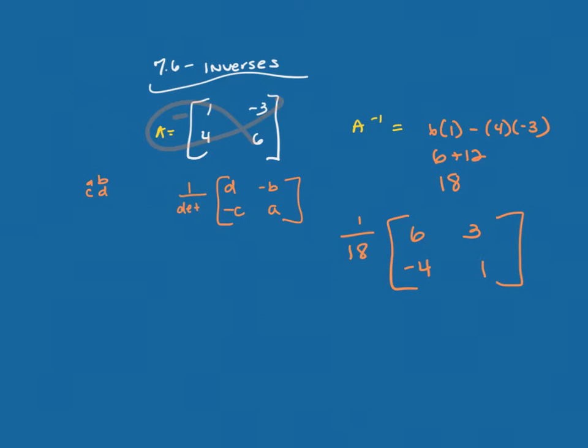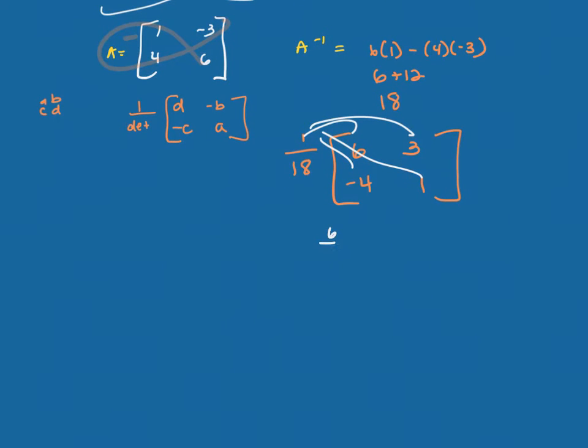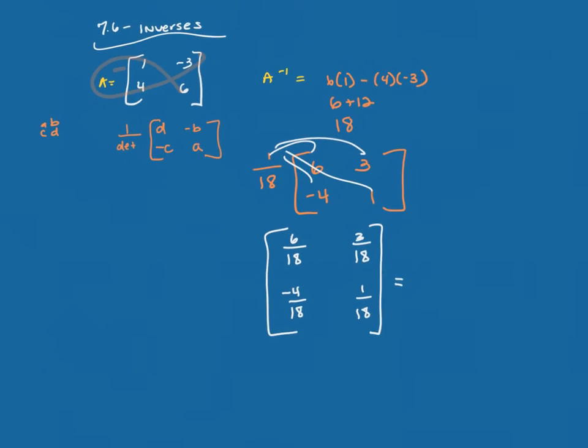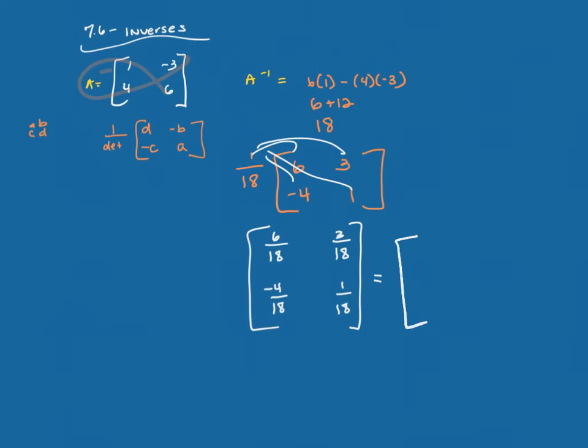Then I distribute that in. So I'd get 6 over 18, 3 over 18, negative 4 over 18, 1 over 18, which gets simplified. 1/3, 1/6, negative 2/9, and 1/18.